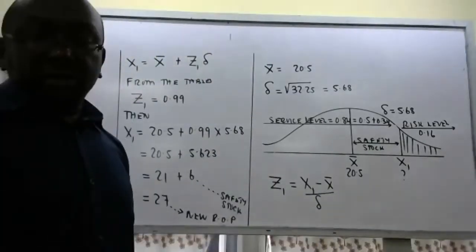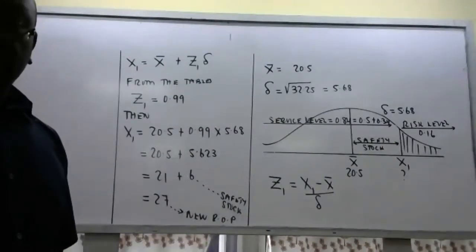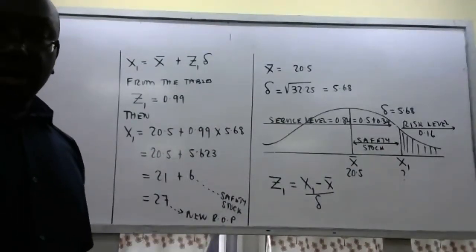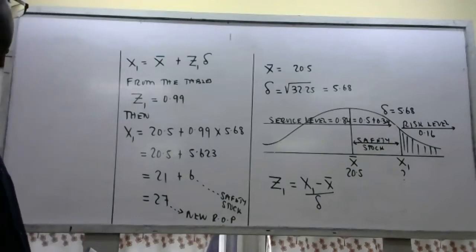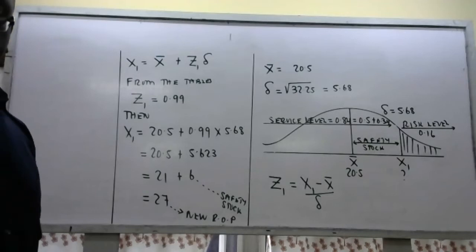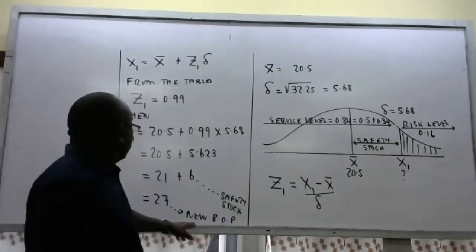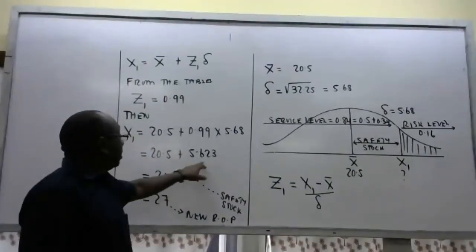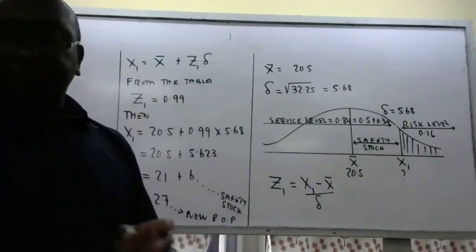Is that okay, Collins? As Collins responds, Helen, you're asking where we got 21 and 6. They are rounded figures. I've been saying when you're dealing with units, you round them up. So here you round to 21, here you round to 6. Is that okay, Helen?